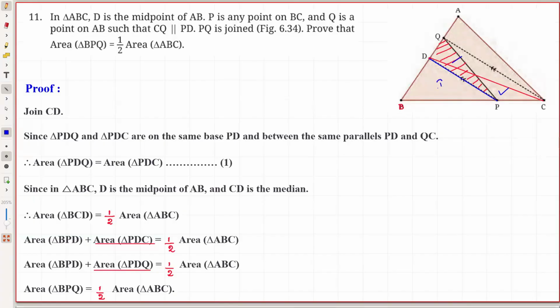If we add these two, we get triangle BCD. This also is going to be the second one, because both are equal in area. So 1 plus 2, we get BPQ. So BPQ is half of triangle ABC. Hope you can understand this.